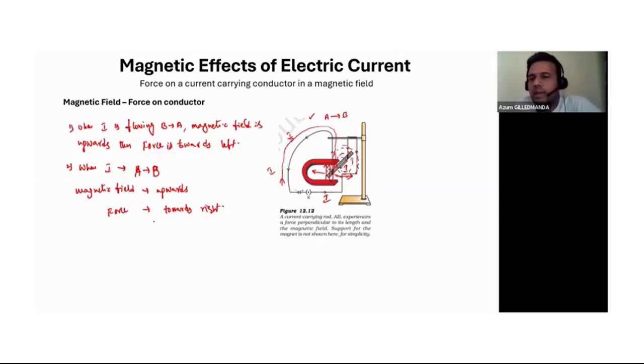So basically, what is happening here? The direction of force depends on which parameters? Number one, that is magnetic field direction, right?